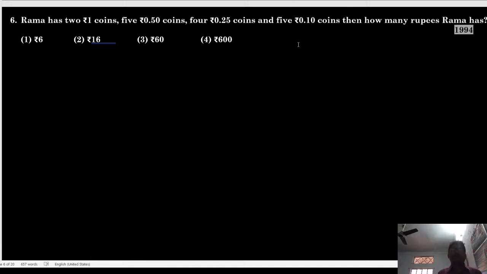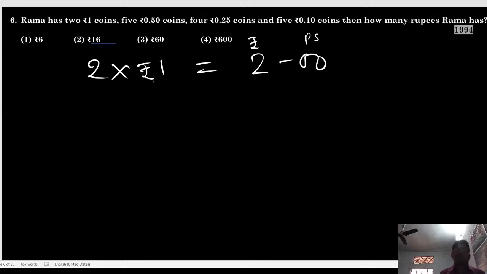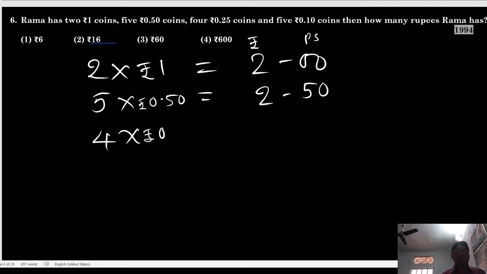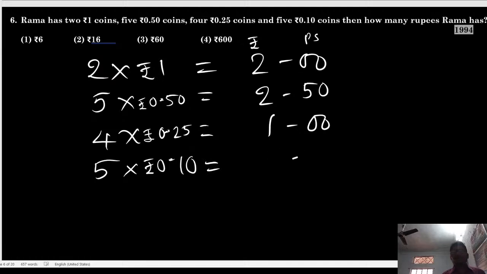Then how many rupees does Rama have? Two one-rupee coins are 2 rupees. 5 fifty-paise coins are 2 rupees 50 paise. 4 twenty-five paise coins are 1 rupee. 5 ten-paise coins, 5 tens are 50 paise.